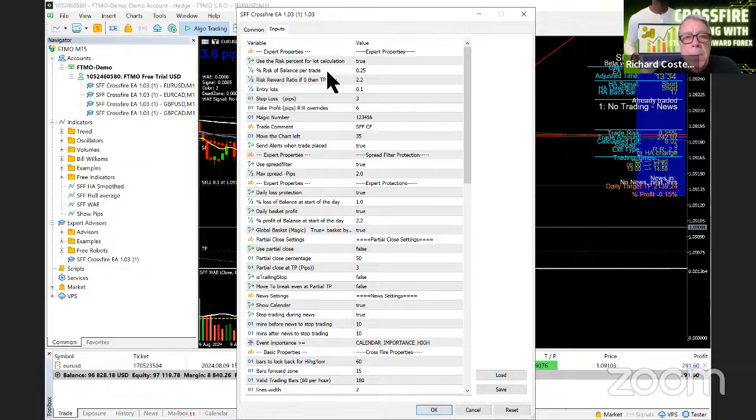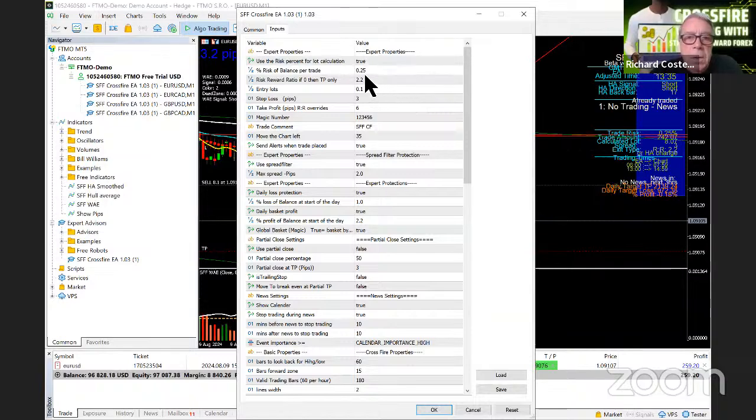So in other words, my percentage of 0.25 calculates that I should lose no more than 0.25% of the balance. I've got a $100,000 account, so it's working out 0.25 of that balance, and it's putting it in there at 24207. That is what it's supposed to limit my losses to on each pair.